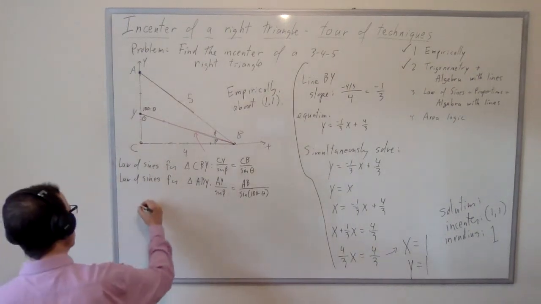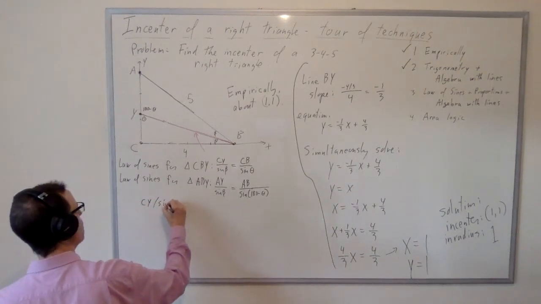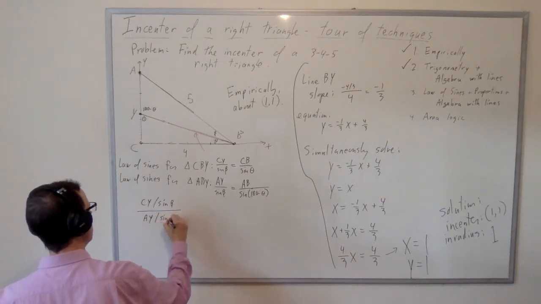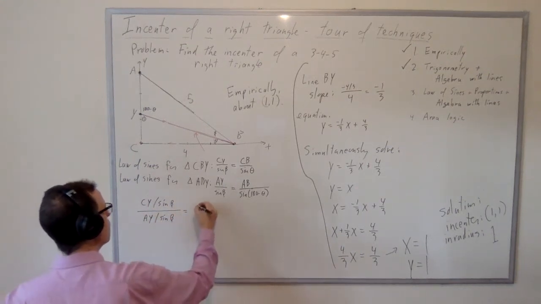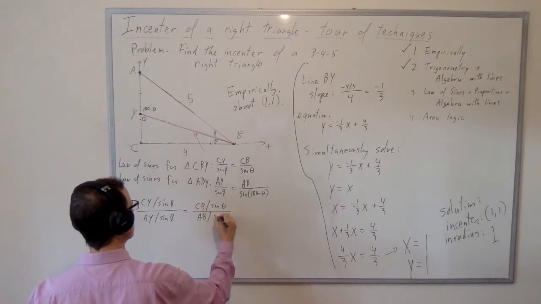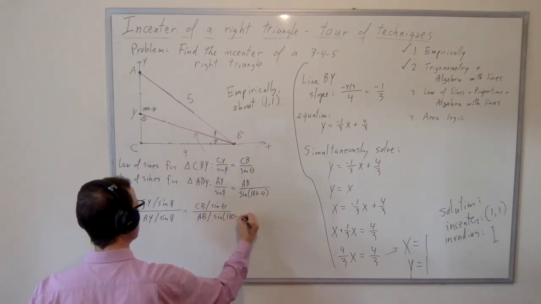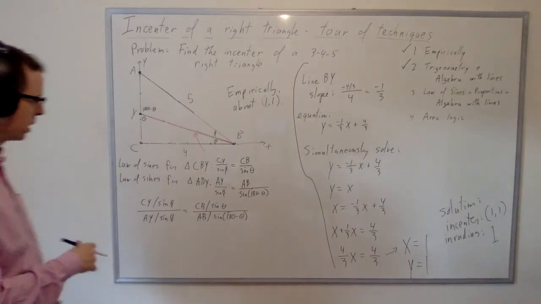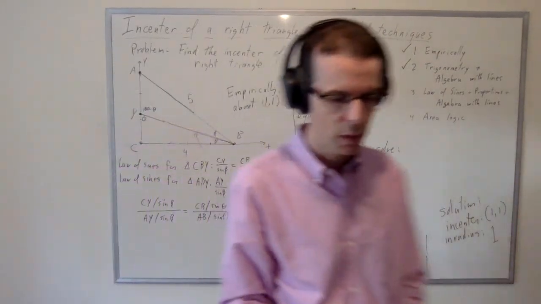So let's do that. We get CY over sine beta over AY over sine beta is equal to CB over sine theta over AB over sine 180 minus theta. Now, it looks like this is still really complicated, but a lot of cancellation is about to occur.